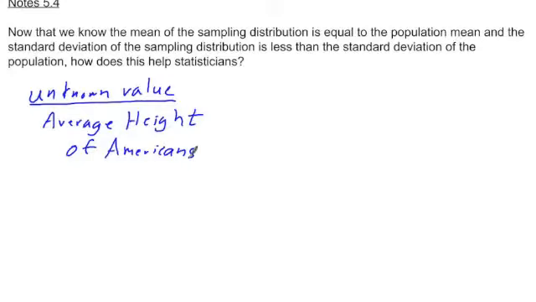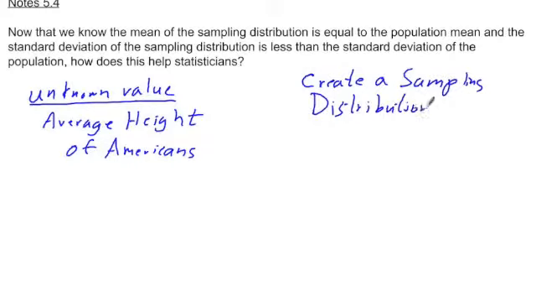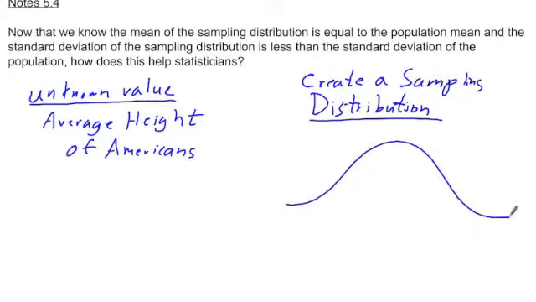So we can create a sampling distribution, right? And that sampling distribution would be approximately normal as long as we meet those conditions in the central limit theorem, and the mean of the sampling distribution would be the same as the population mean. So that's how we can approximate or find values that seem impossible to find otherwise, right? It would be very difficult to find the height of every single person in the country.